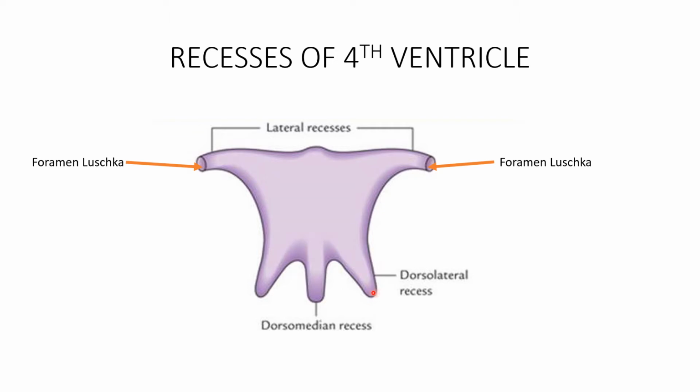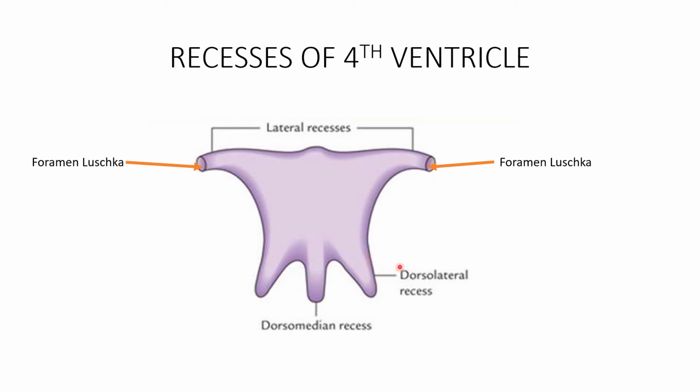They are the dorsolateral recesses on each side of the medial dorsal recess. Here you can see this one. This projects dorsally above the inferior medullary velum, immediately lateral to the nodule. So these are the recesses of the fourth ventricle.